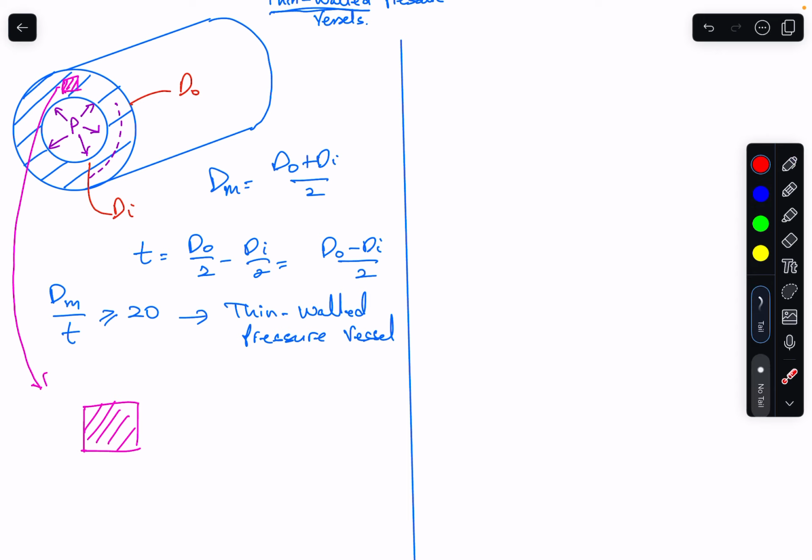The hoop direction is the direction that goes around, and the radial direction is the direction that goes out. We also have the longitudinal direction, which is along the length of the vessel. So those are our three directions: hoop, radial, and longitudinal.